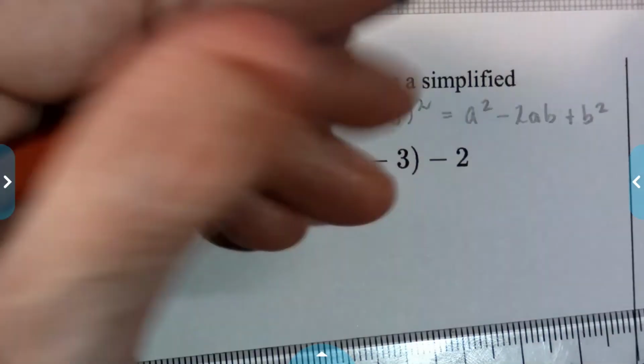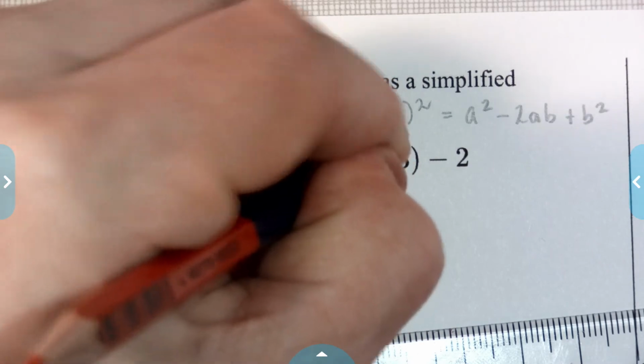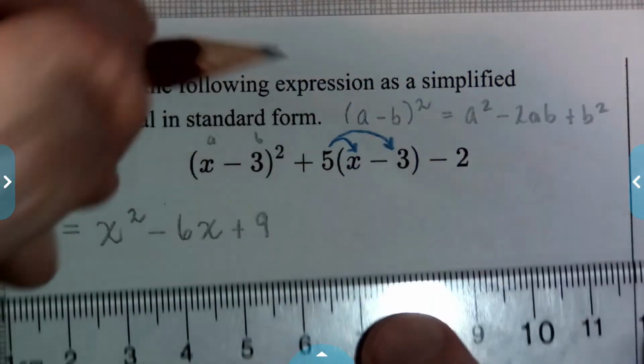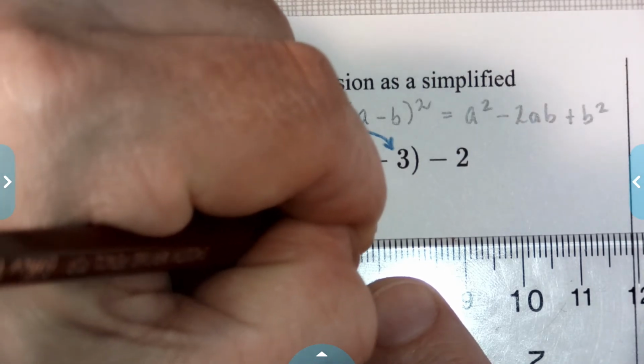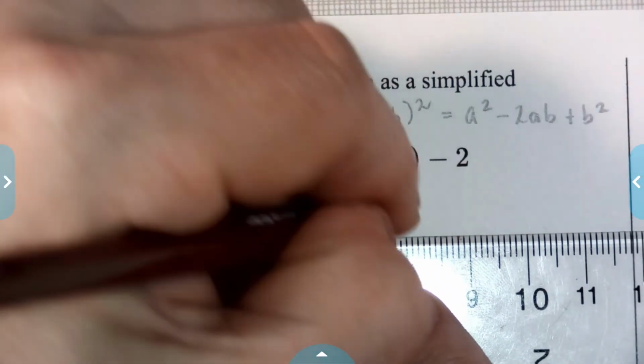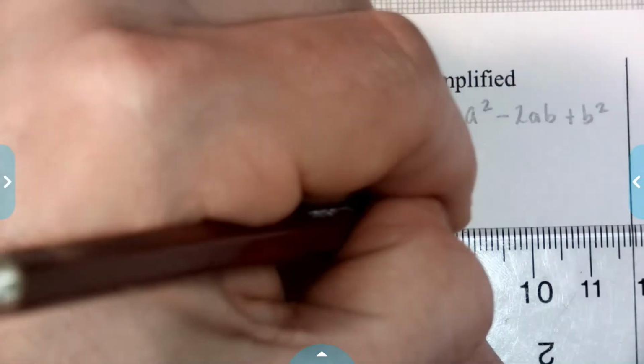Okay, now we distribute the 5 here. So we have plus 5x minus 15 minus 2.